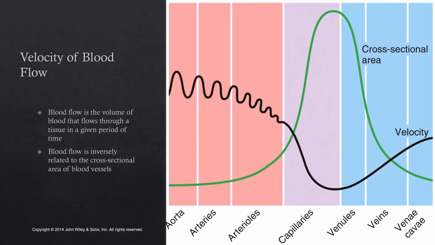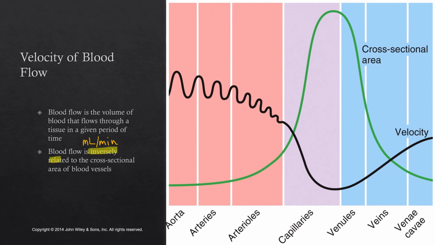Now earlier we saw that blood flow is the volume of blood that flows through any tissue in a given time period. And remember, this is in milliliters per minute. Now, the speed or the velocity of blood flow is inversely related to the cross-sectional area.